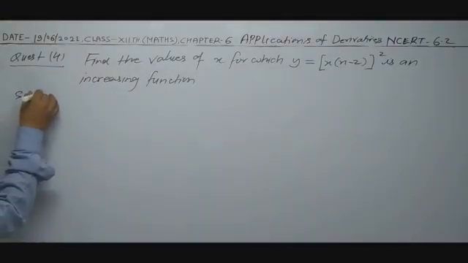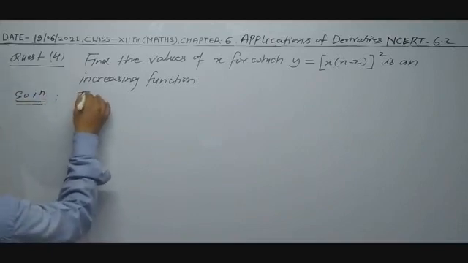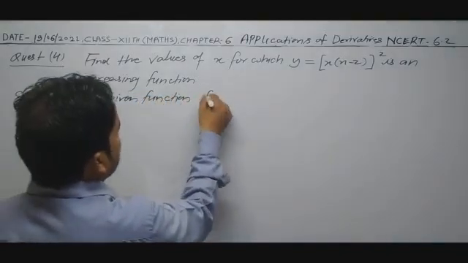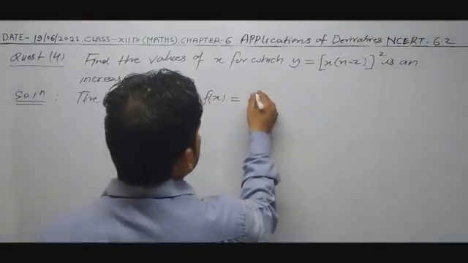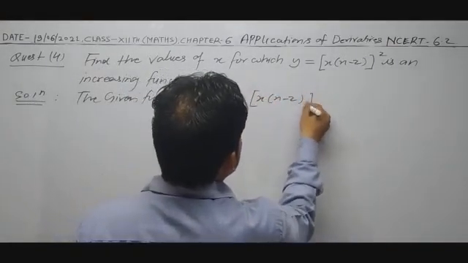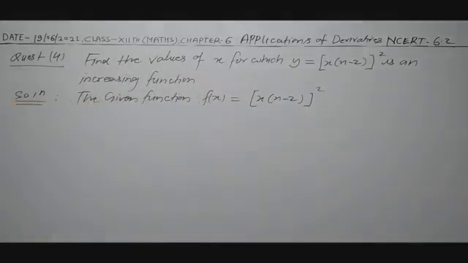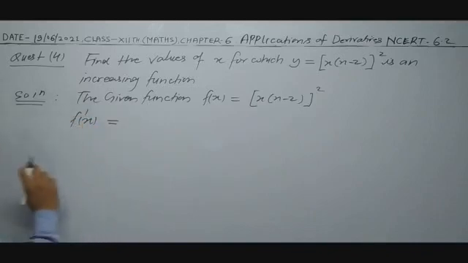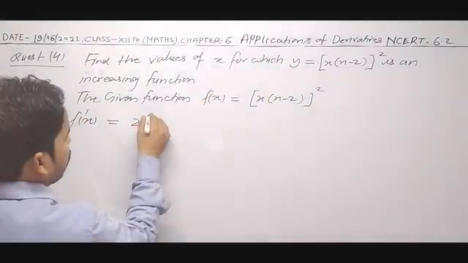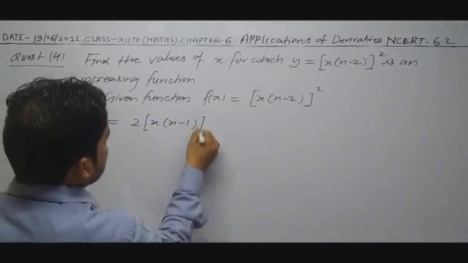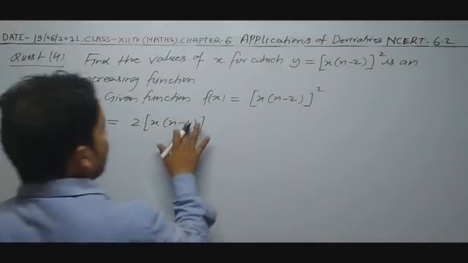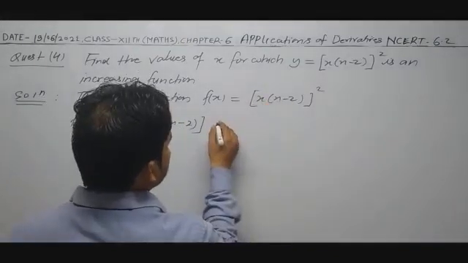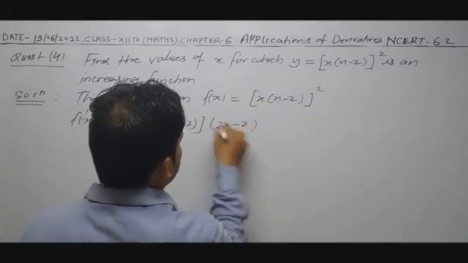write the function. The given function f(x) is equal to (x times (x minus 2)) power 2, and when you differentiate, meaning find f dash x, then differentiation of the square, you know, is 2 times this result, x square minus 2x, and its differentiation will be 2x minus 2.